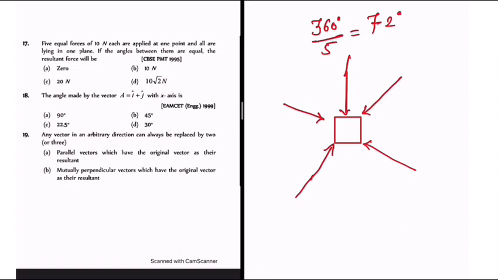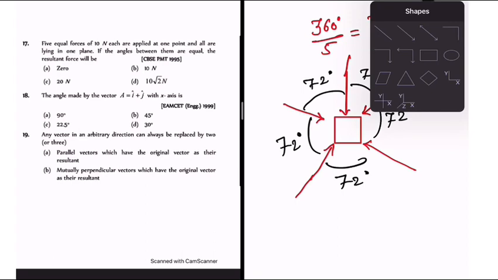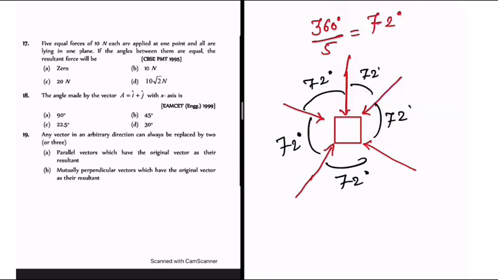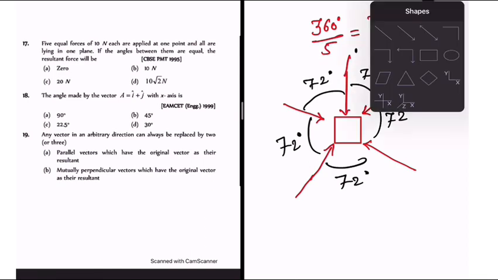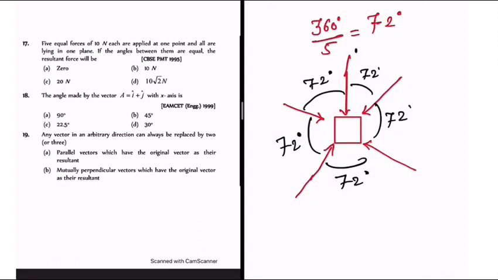The angle is 72 degrees between each: 72, 72, 72, 72 and 72. Okay, it is generating a perfect circle.